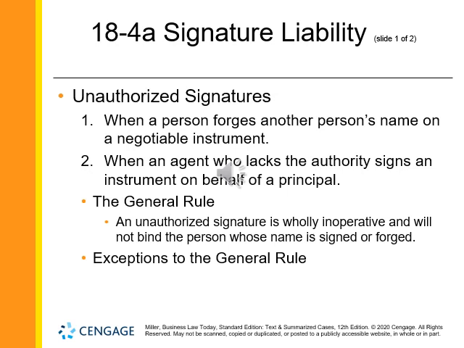However, an unauthorized signature will bind the person whose name is forged if that person ratifies or affirms the obligation, or that person's own negligence substantially contributed to the forgery. The first party to accept an instrument bearing an unauthorized endorsement will bear the burden of loss, unless the unauthorized endorsement is that of the payee, in which case the loss falls on the drawer or maker.